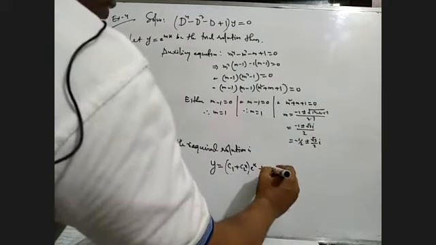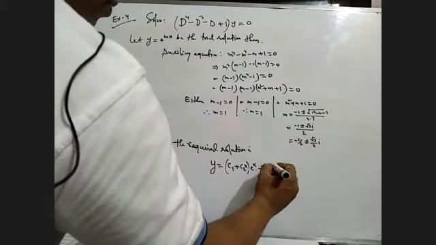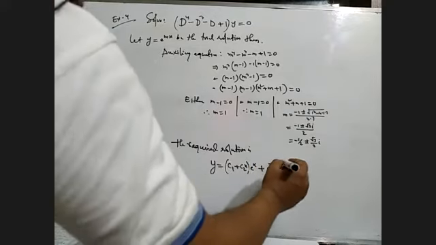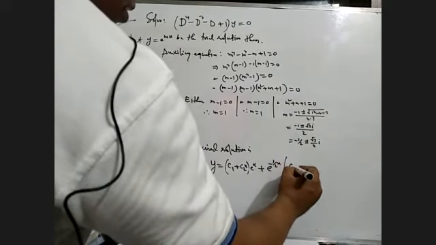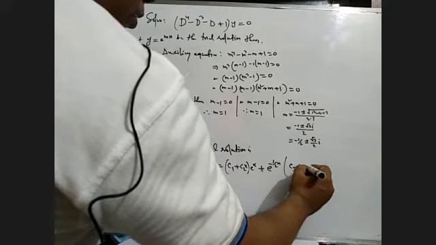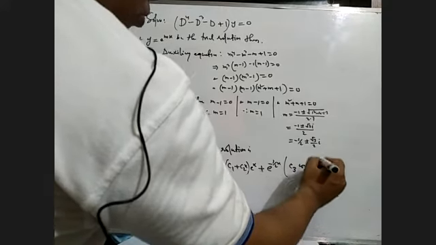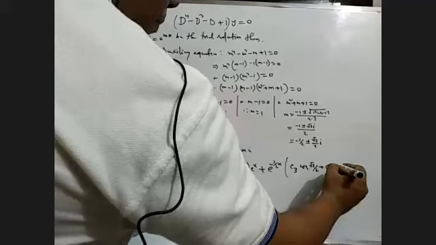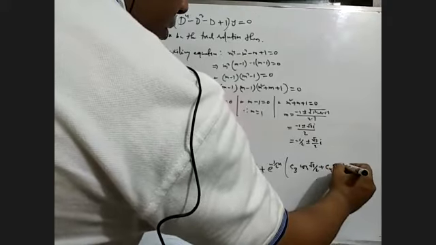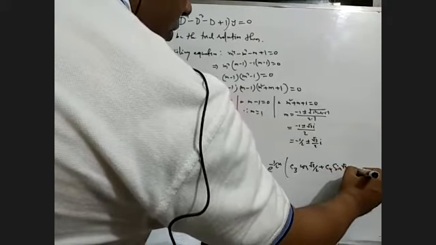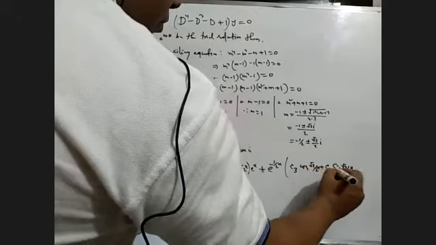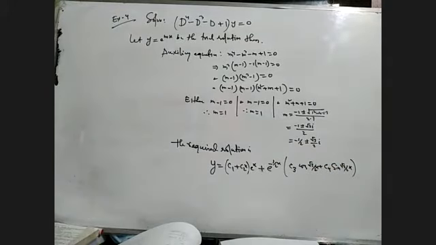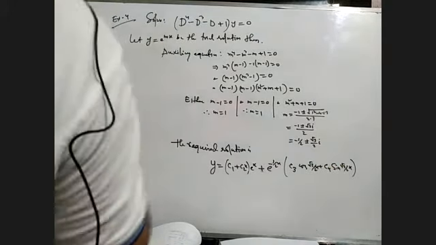So e to the power alpha x, alpha means minus half, so e to the power minus half x, and another constant c3 cos root 3 by 2 x, beta means root 3 by 2, plus c4 sine root 3 by 2 x. This is actually the solution of the given differential equation.